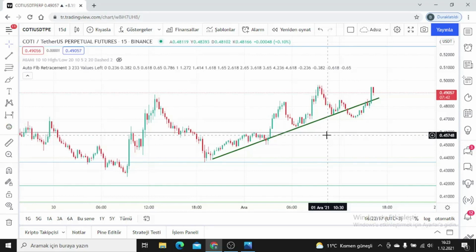Of course, they do not put them themselves, thanks to the robot and the algorithm, it automatically detects it. And orders are placed there, support there is resistance. But don't make this mistake. You can look at this in 4-hour and daily periods at the 0.233 bar.